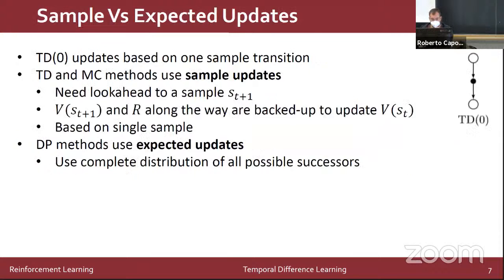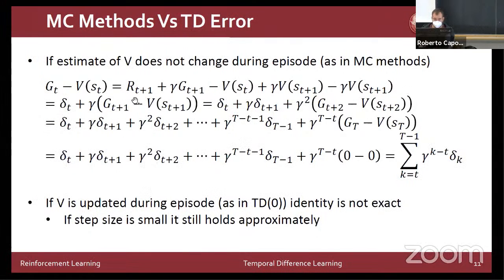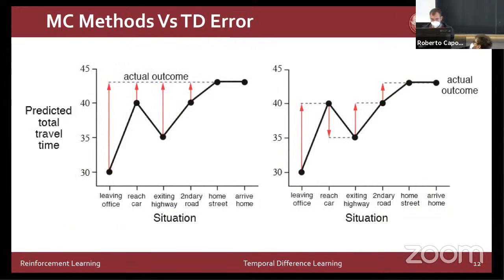In expectation, that's the same thing. It's just showing you that if you expand this object as the sum of all the TD errors, and you don't change V, it's doing the exact same thing. Of course, if you're updating V, then this identity is not exact because you are doing something slightly different. But if the step size is small enough, then in approximation, this is still true.